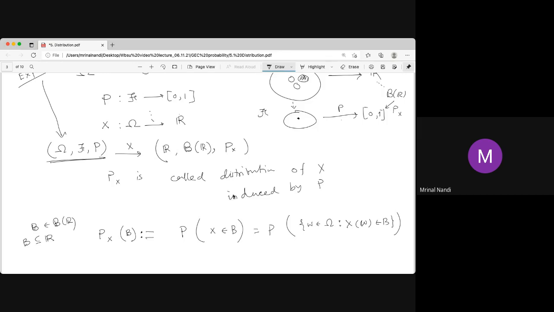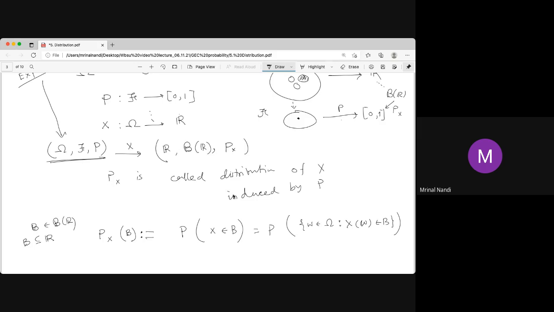Then we want to find the distribution of this random variable using that probability, that P. First we have to find omega, then we have to know script F, then we have to find what P is, then we have to know what X, the random variable, is, and the last job is to find the P_X. So there are 5 things.